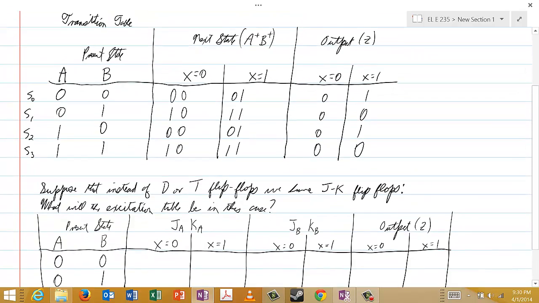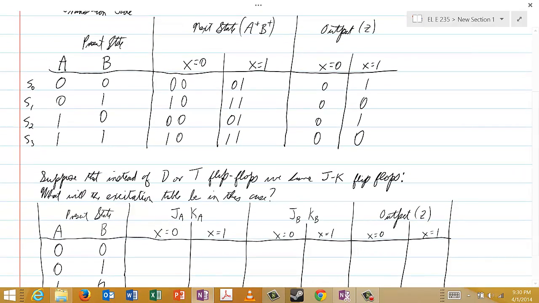Now, remember that in order to fill in this table, we're going to need to continue to refer to this transition table that is immediately above it.